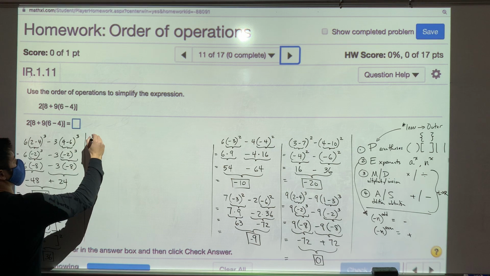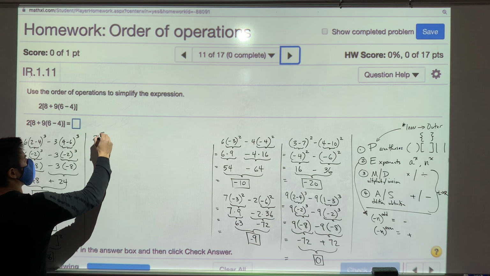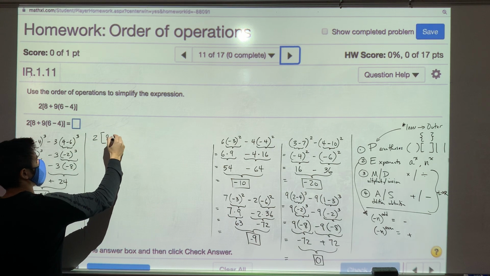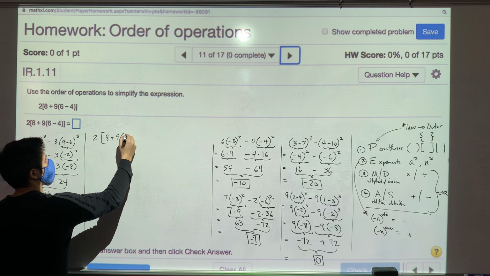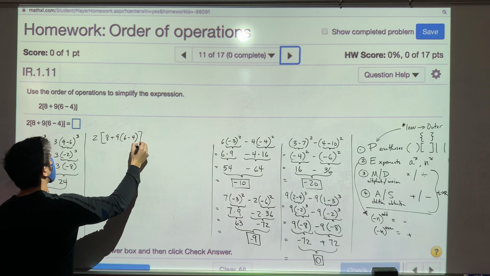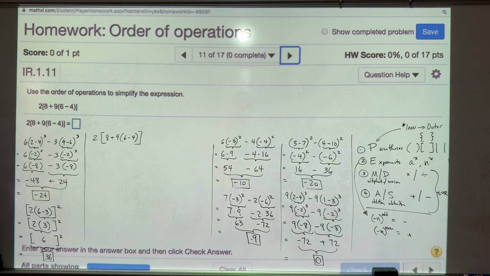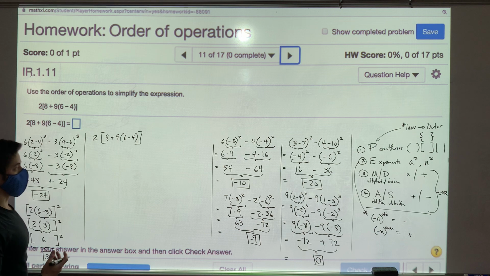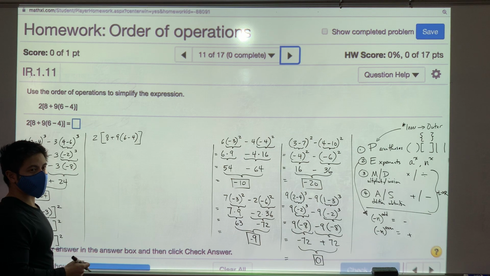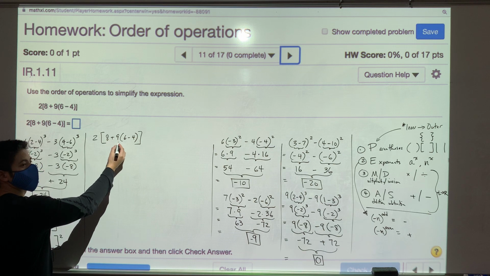All right, so in 11, I've got 2 times bracket 8 plus 9 times 6 minus 4, and close that bracket up. Okay, so this theme of doing the innermost is again stressed and practiced in this problem. A lot of students are going to make the following mistake. What mistake is that going to be? To add these.